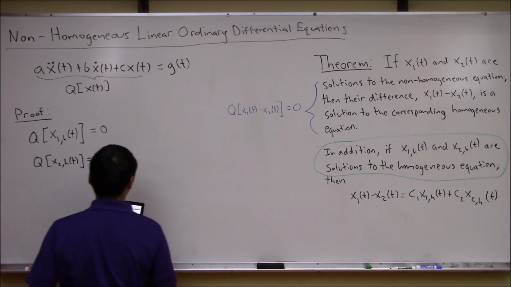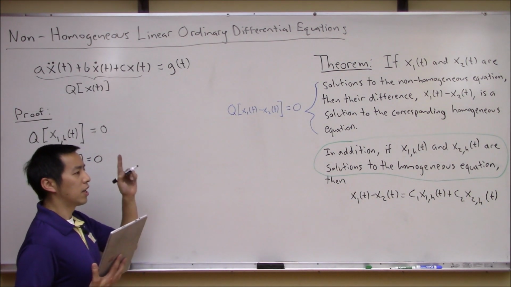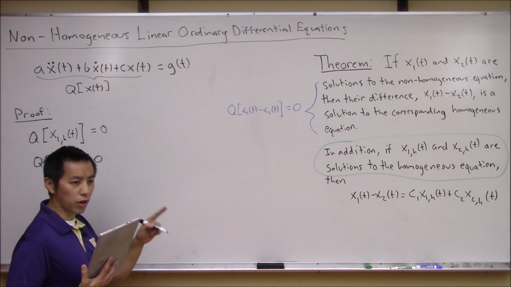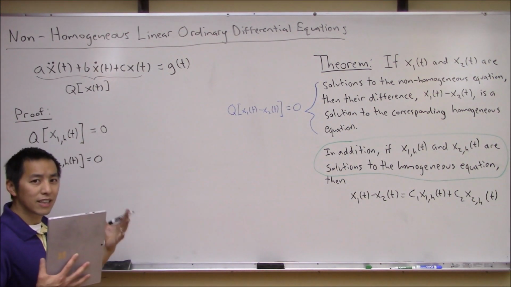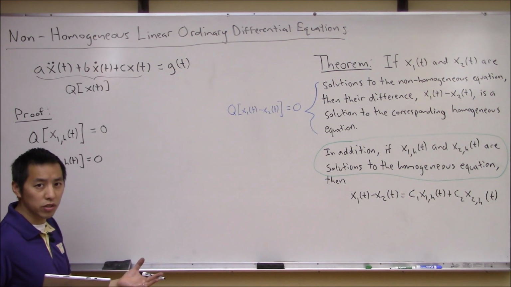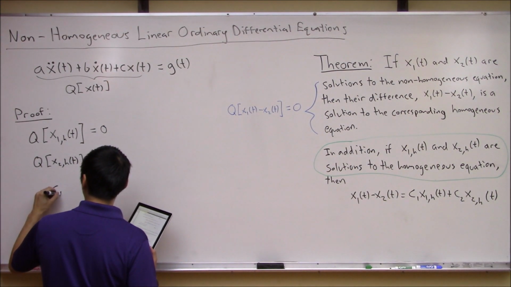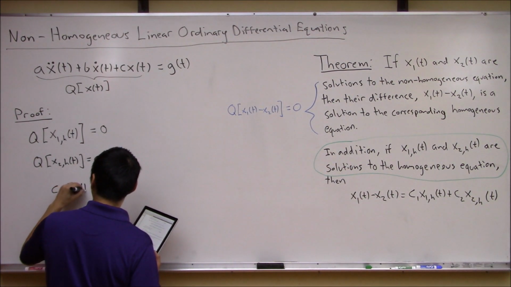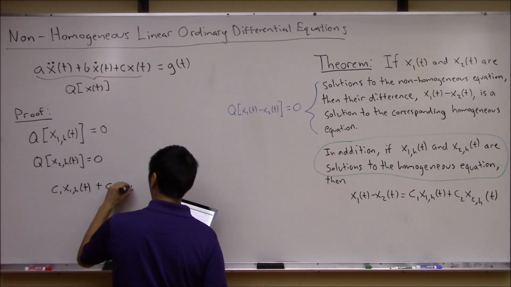Now here's what's interesting. If you remember, in our previous video where we talked about homogeneous linear ordinary differential equations, we showed that if you have these two solutions, linear combinations of those solutions are also solutions to the homogeneous equation. So you take c1 x1h of t plus c2 x2h of t.